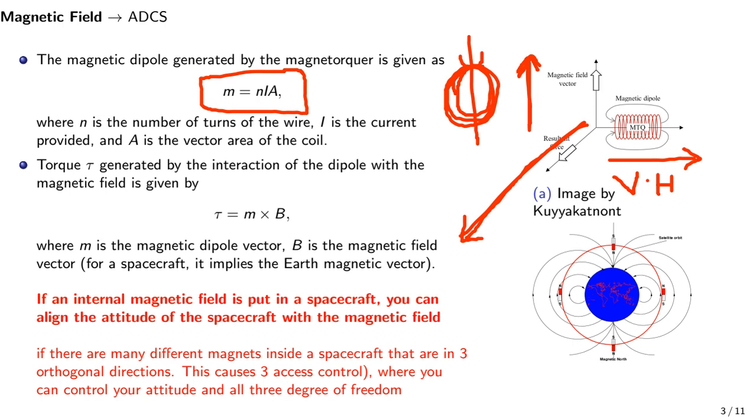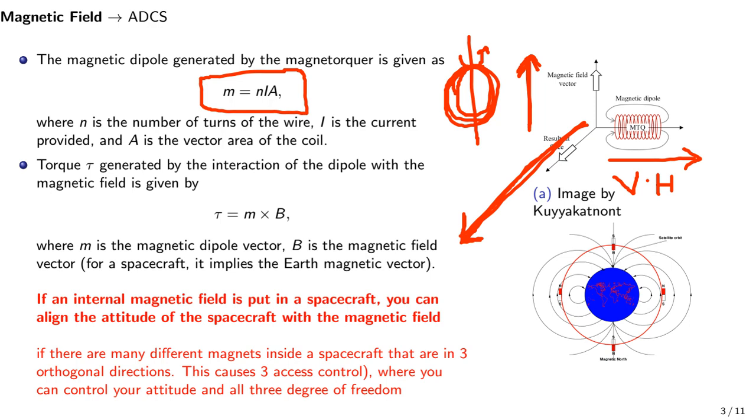And then there's another magnetic dipole here. Definitely there's going to be a resultant force between these two, and that resultant force would have an effect on your spacecraft.